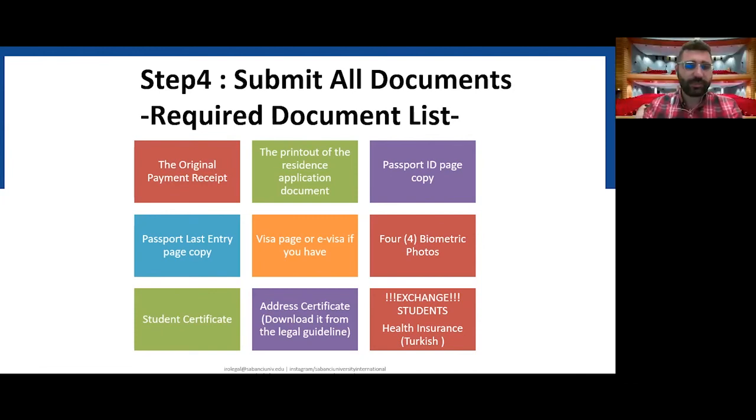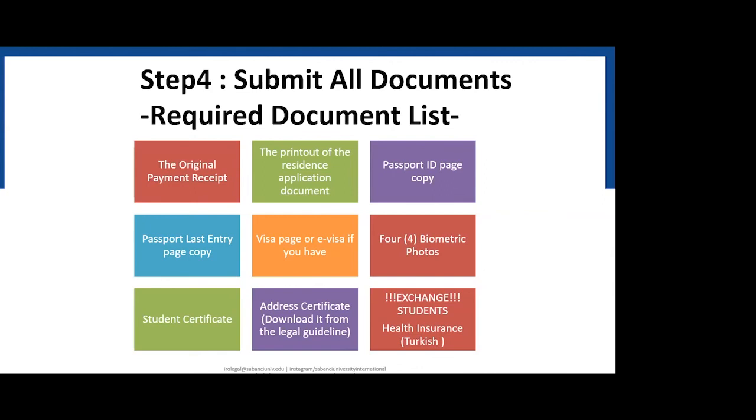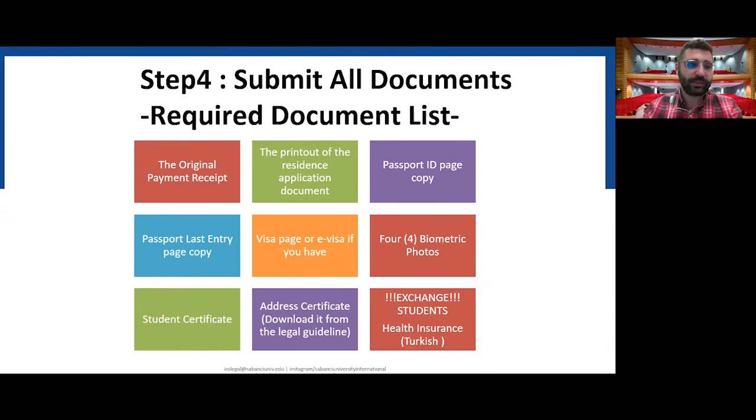For the residence permit part, actually, I don't need your student certificate, because recently I told the student resources I will collect all your student certificates from them at once. But you may need your student certificate to open a bank account. Okay, and we already received that one by email. Yeah, if you already received it, that's okay.